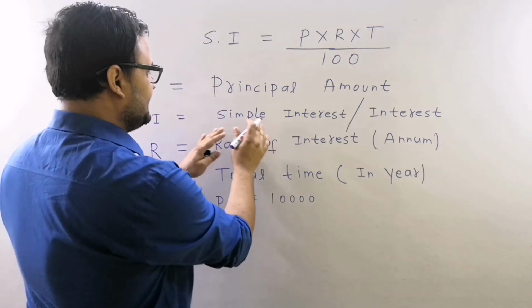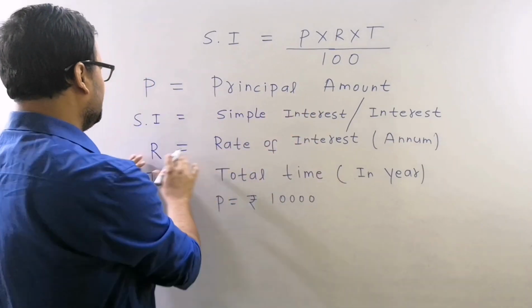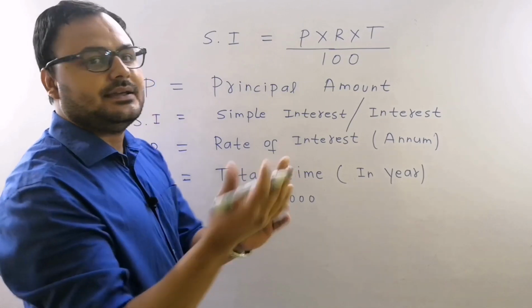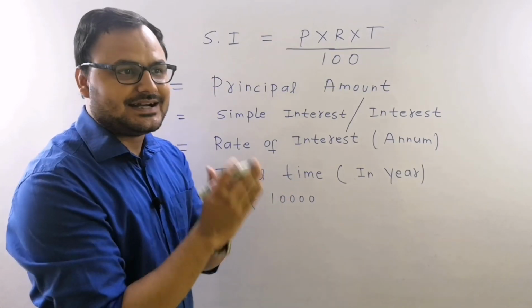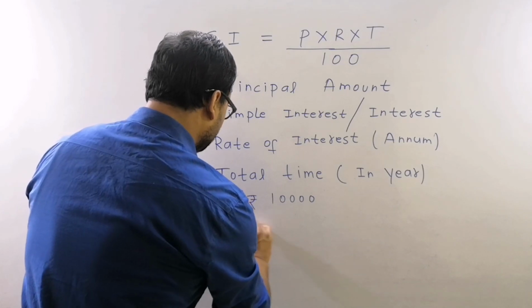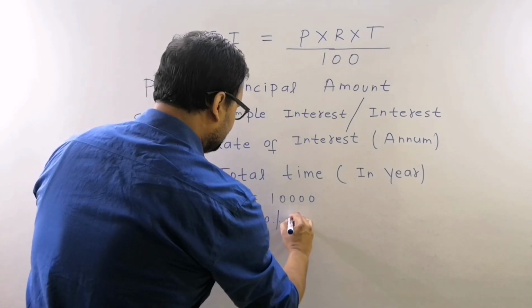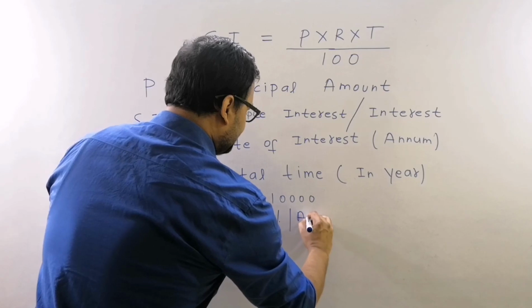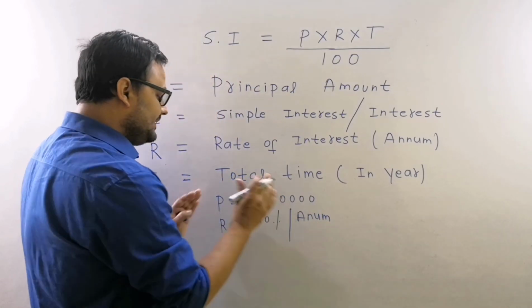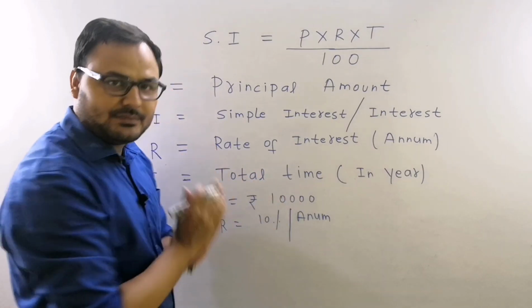Now that is simple interest, that we will do later. Now rate of interest. That person will say, okay, I'll give you the amount but I will charge some rate of interest. Suppose he charged me 10% per annum. It means yearly we have to pay 10% interest on this amount.